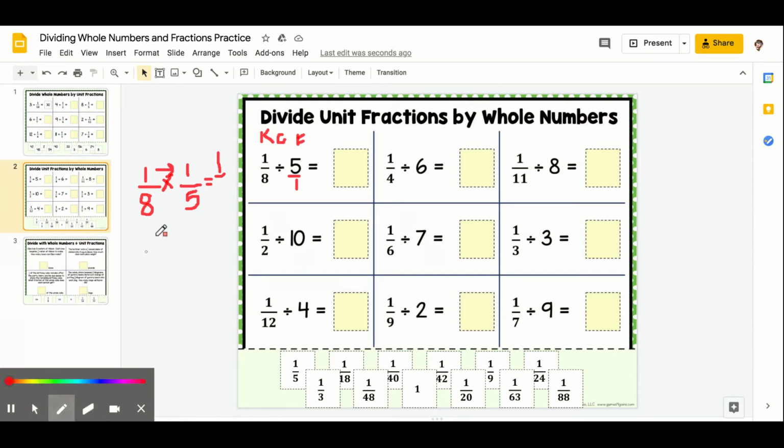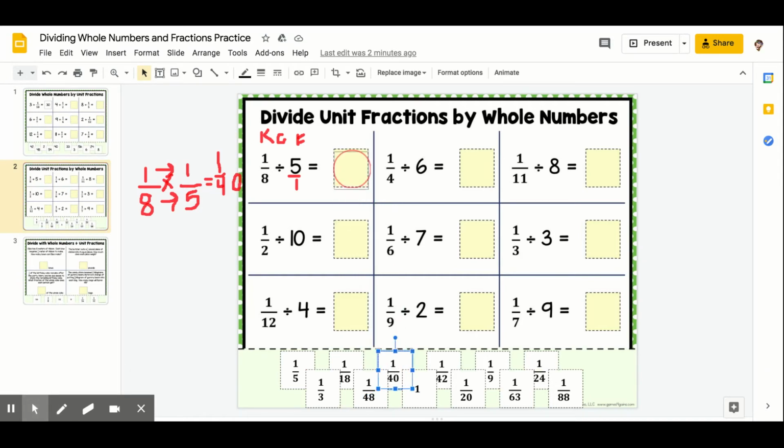And then we do 8 times 5 for our denominator, which is 40. So we end up with 1/40 as our final answer. So we find it down here from our options, drag it up, put it in our answer. And that is how we divide fractions and whole numbers.